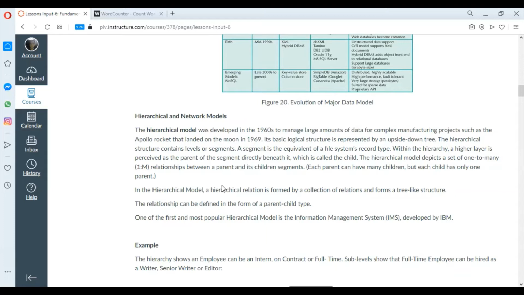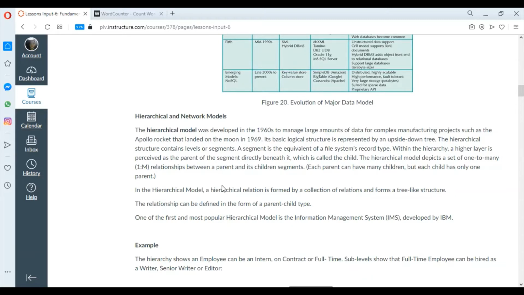Within the hierarchy, a higher level is perceived as the parent of a segment directly beneath it, which is called the child. The hierarchical model depicts a set of one-to-many relationships between a parent and its child segments. Each parent can have many children, but each child has only one parent.